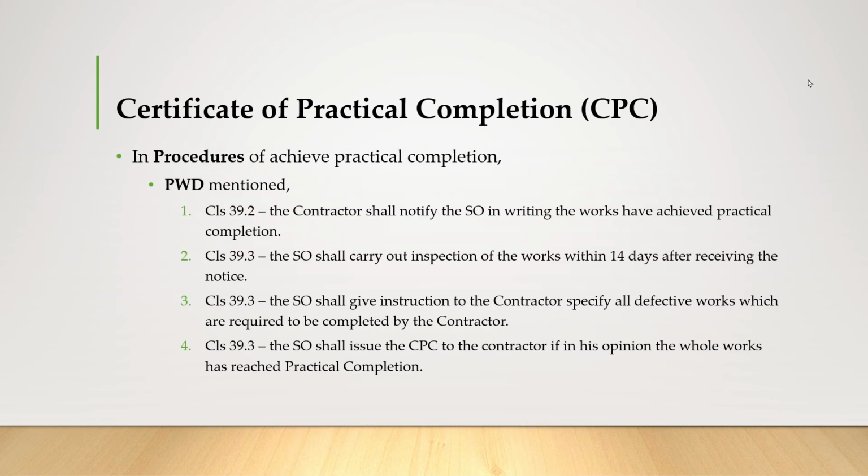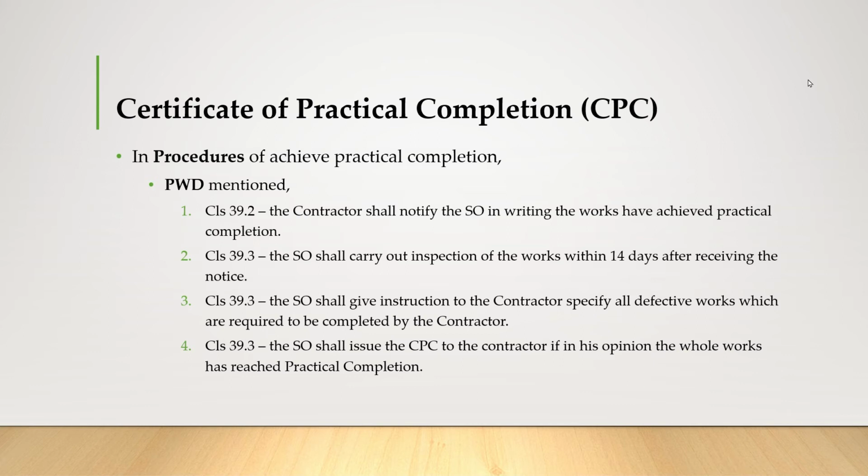So in the procedures to achieve practical completion in PWD, firstly, it is mentioned in clause 39.2 that the contractor shall notify the SO in writing that the works have achieved practical completion. And secondly, under clause 39.3, the SO shall carry out inspection of the works within 14 days after receiving the notice.